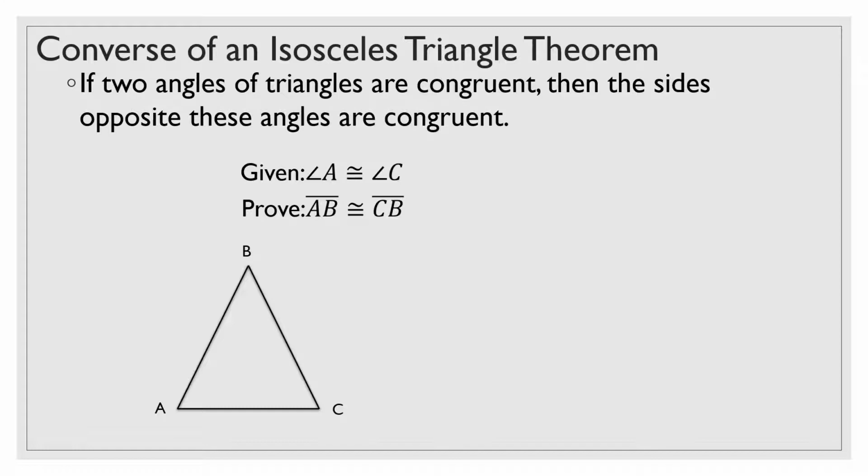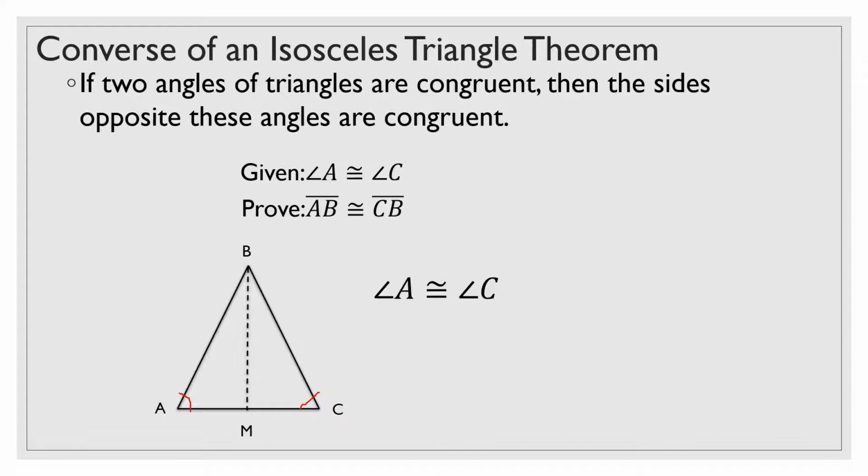So mula sa angle B, magdodraw tayo ng angle bisector and it will intersect at segment or side AC. So we will label it as BM or segment BM. Now we will write the congruent parts. From the given, angle A is congruent to angle C. And that is given.